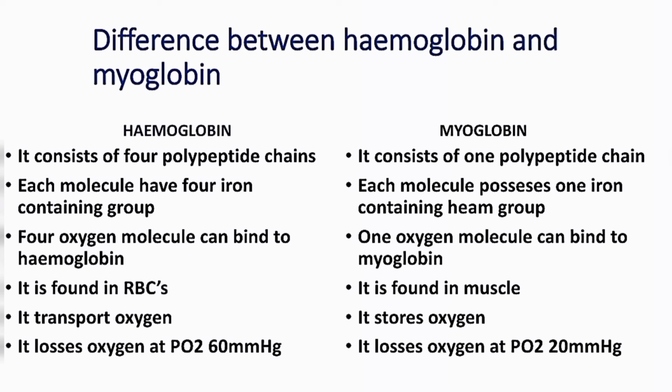The difference between them is clear from the structure. As we have learned, the iron combines with the oxygen; it is the iron of the hemoglobin and the iron of the myoglobin that combine with the oxygen. So the hemoglobin has 4 iron containing groups, so it can bind with 4 molecules of oxygen, while the myoglobin has 1 iron containing group, so it can combine with only 1 molecule of oxygen.